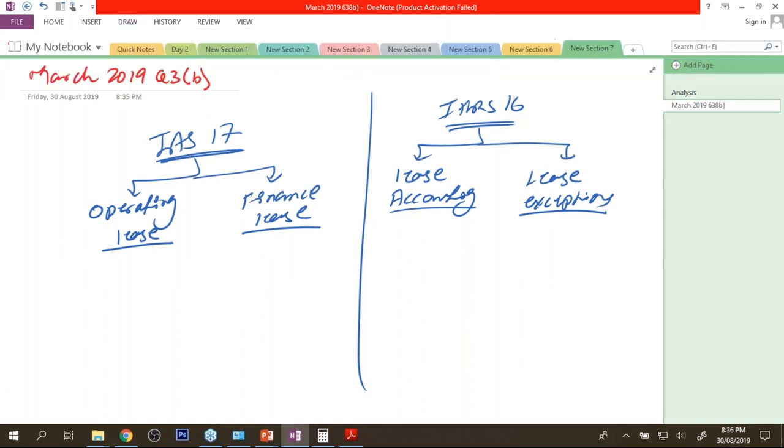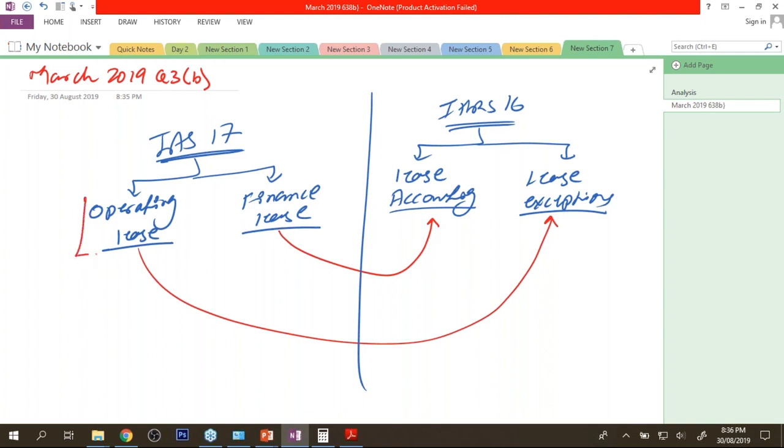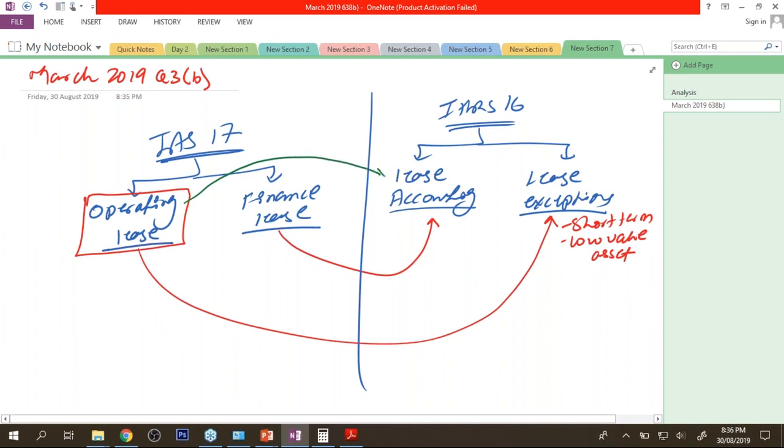Now, the accounting of operating lease is the same in the lease exceptions, and the accounting of the finance lease is the same as the lease accounting. So previously, a lot of leases were being classified as operating lease, but now only short-term or the low value asset lease will be classified in the exception. So effectively, a lot of leases which were previously operating lease are now treated as the lease accounting.